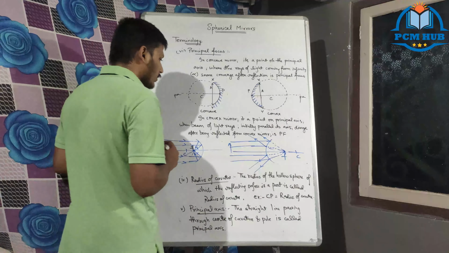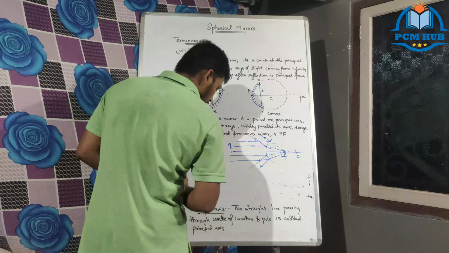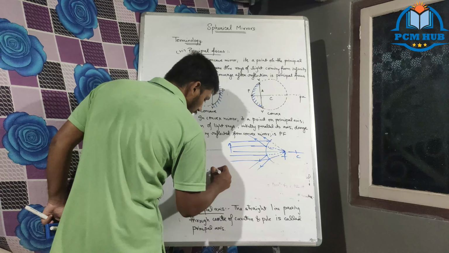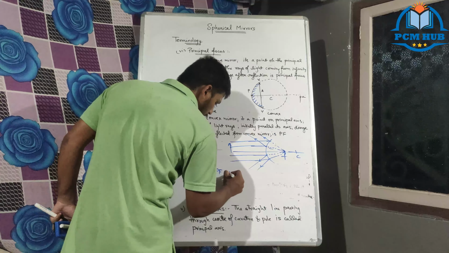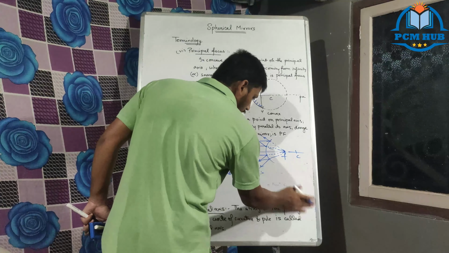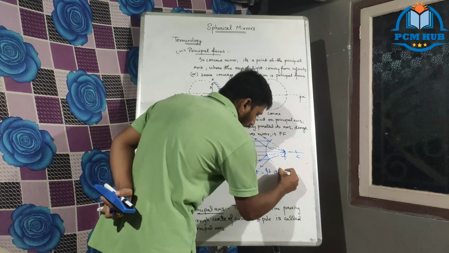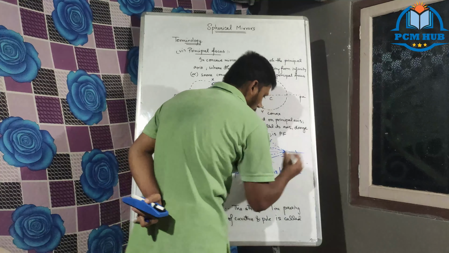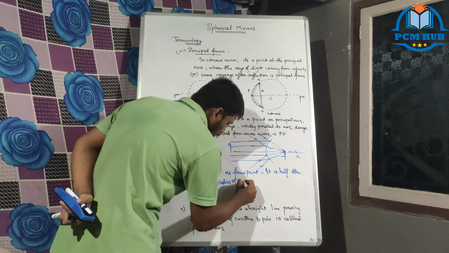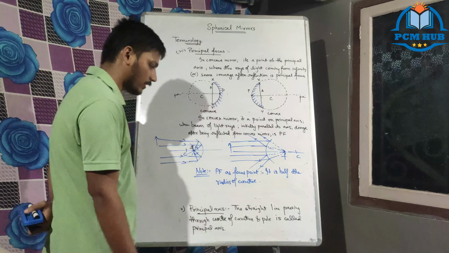We write this as a note. We commonly call PF, the principal focus, the focus point, and it is half the radius of curvature.